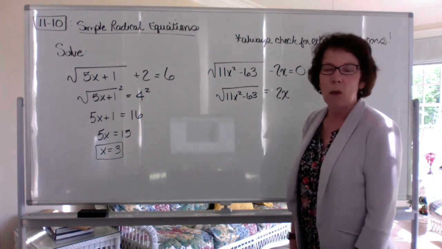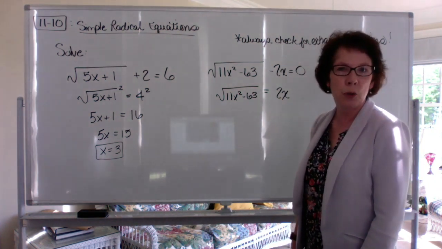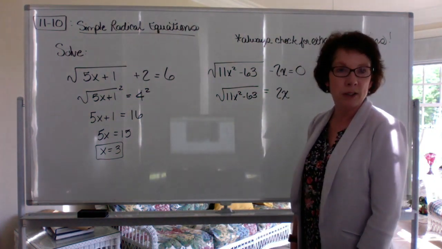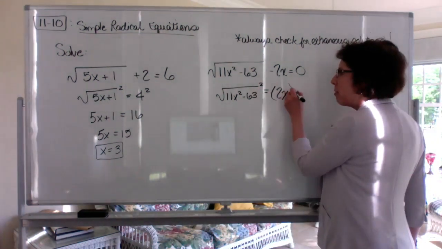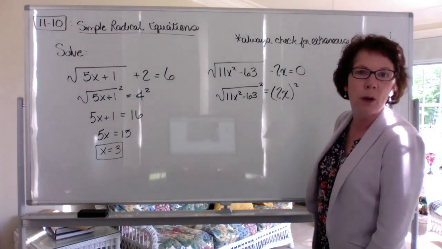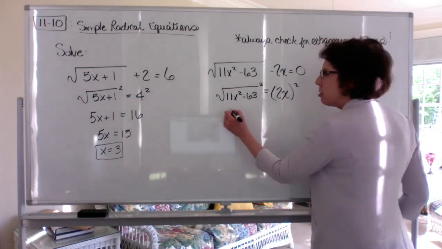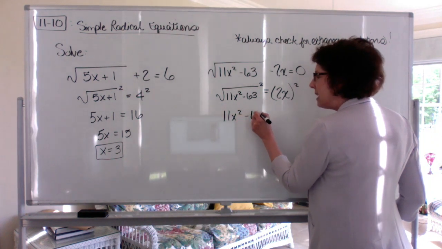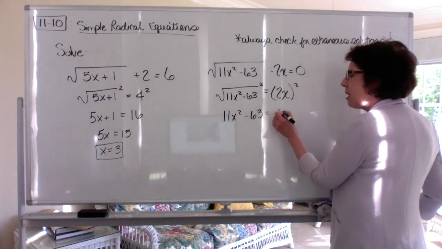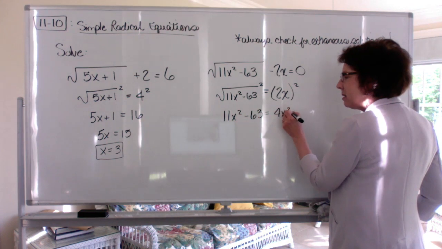Now, what do I do to eliminate the radical? I'm going to square both sides. So let's go ahead and square this. I'm going to put this in parentheses and also square it. Let's see what happens. I'm going to have 11x squared minus 63 equals 4x squared.